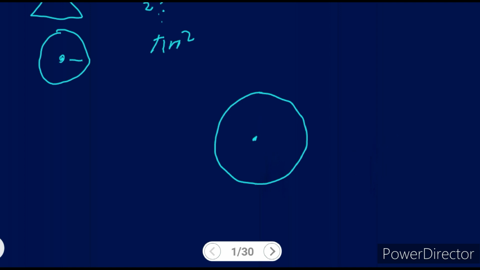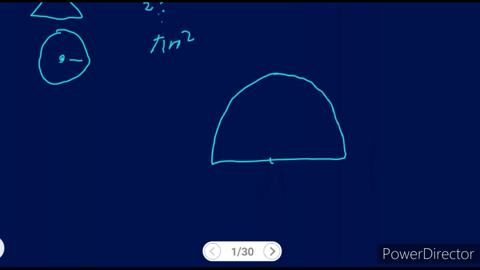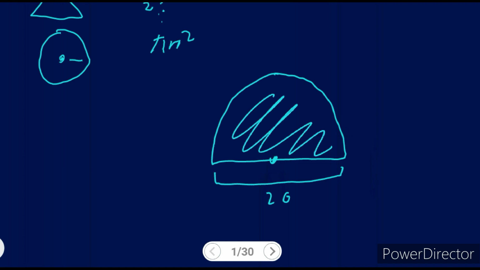All right, just one more thing. Sometimes you are given something like this. A semicircle is half of the circle. Let's say we have a diameter of 20. If you want to find the area of the semicircle, the area is how much space something occupies.